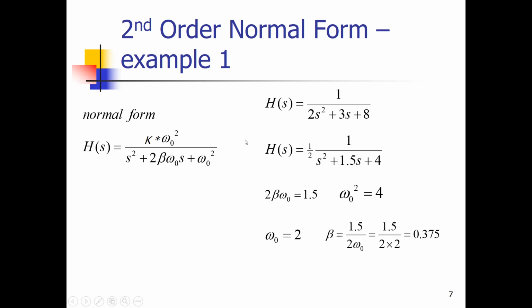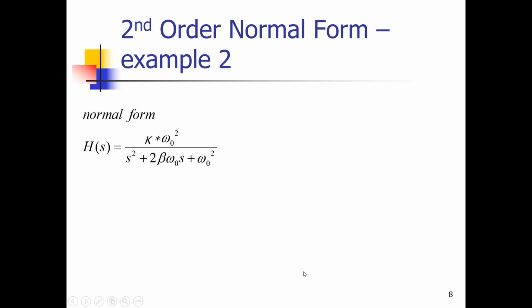Okay, now we can also calculate the k, because I know k times omega 0 squared is the 0.5 over here. Omega 0 squared is 4, so k is 1 over 8. So I have the complete transfer function put in a normal form, and I have calculated the omega 0, the beta, and the k over here. Well, another example, let's say we have this as a transfer function.